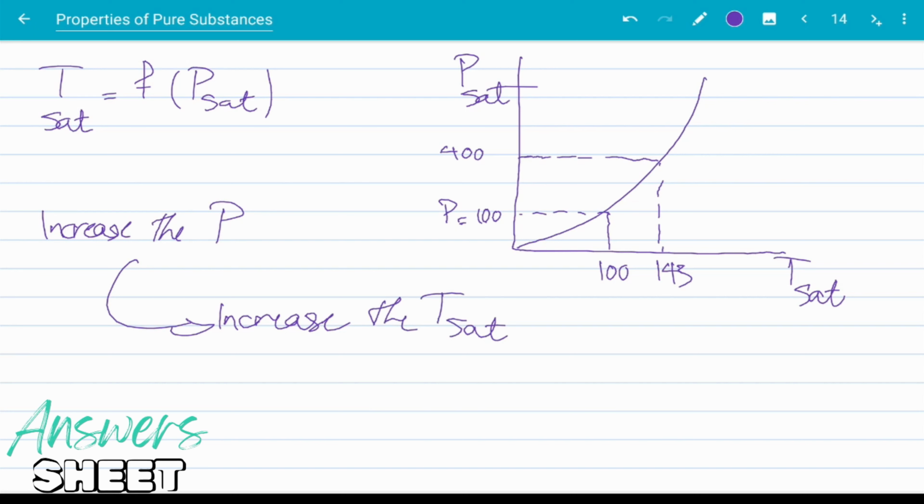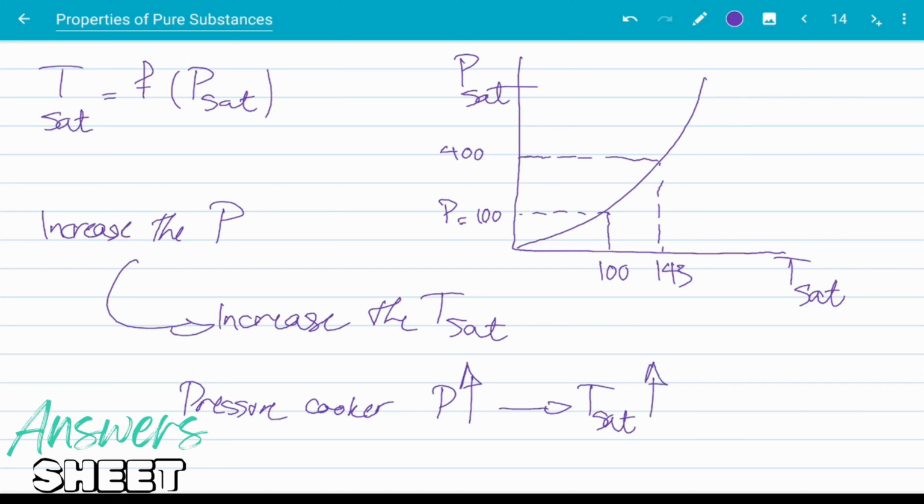So the food is being cooked in an environment where the temperature is more than 100 degrees while the water is boiling inside. Whereas in a normal pot, because the pressure is 1 atmosphere, the maximum temperature that the water can get is 100 degrees.